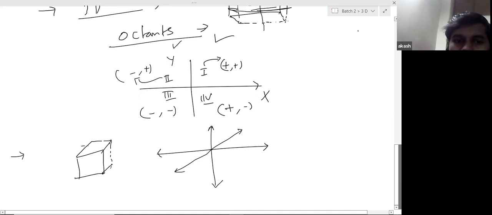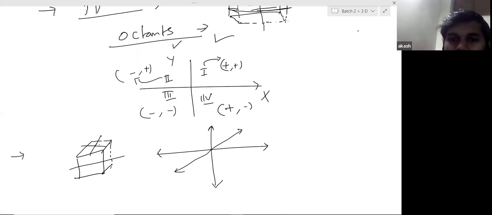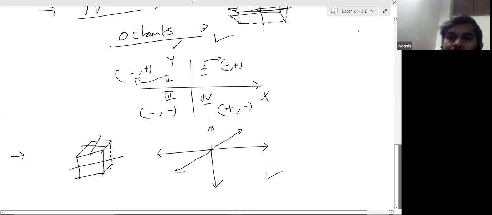Slice it like this, then this, then this. You will have 8 pieces of cake. Each piece of the cake is 1 quadrant in 3D. Is that clear, everyone? How we have 8 parts, right?